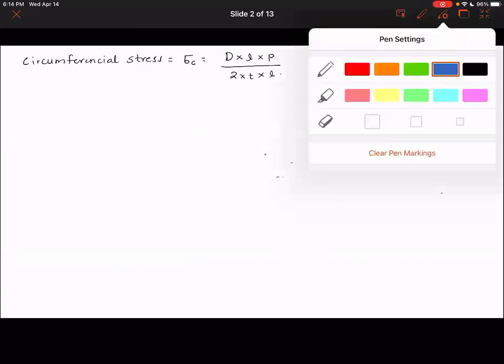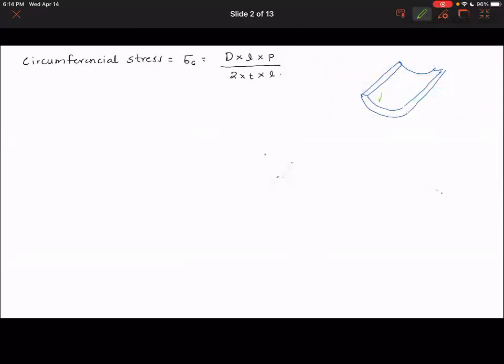And the pressure is acting over here, everywhere. Pressure is always going to be perpendicular to the surface. So if you look at the total area, that will be the projected area.